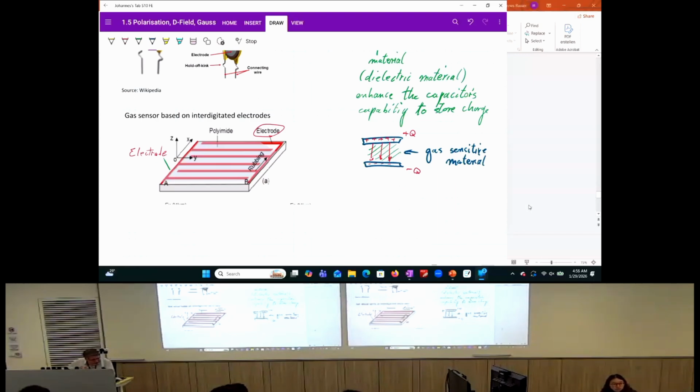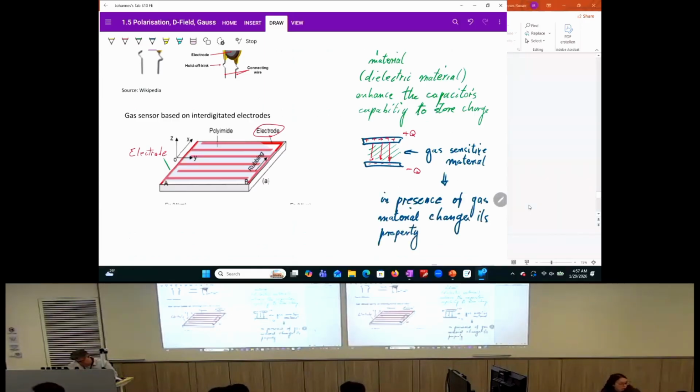So this here is now a gas sensor, so it has a gas sensitive material, and in the presence of the gas, the dielectric property of that material is being altered, and as a consequence, the capacitance of the capacitor itself is changing, and you can measure that. So you basically detect a change in capacitance, and it tells you that there's some gas present.